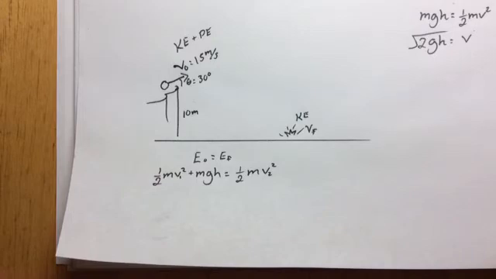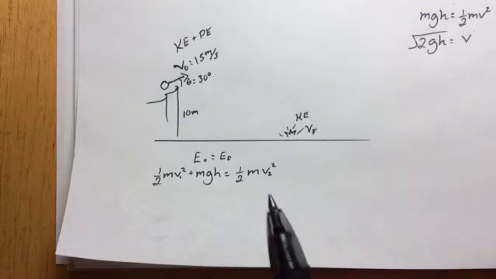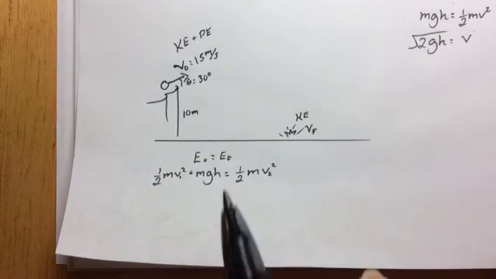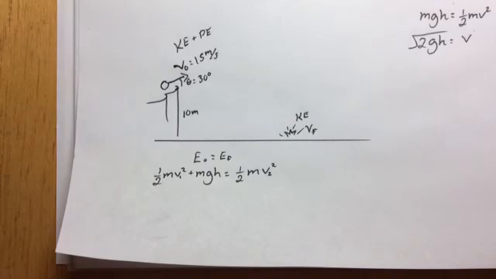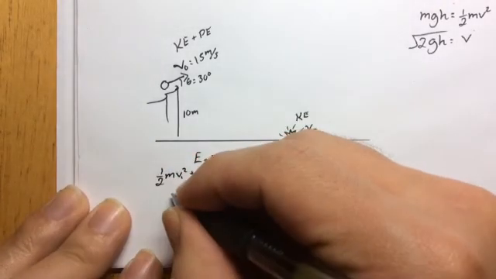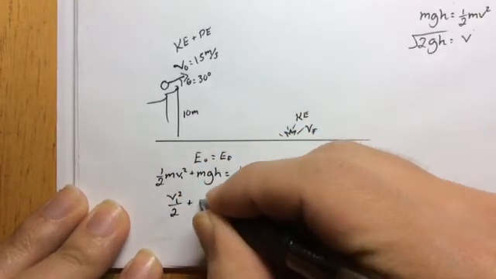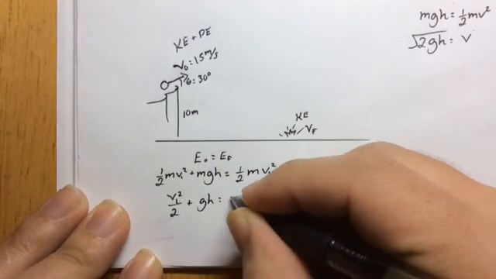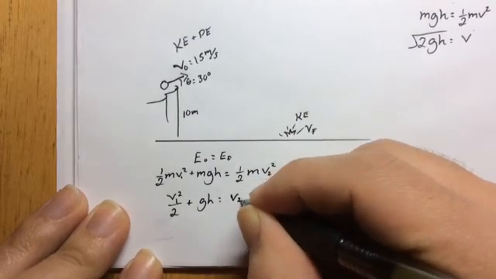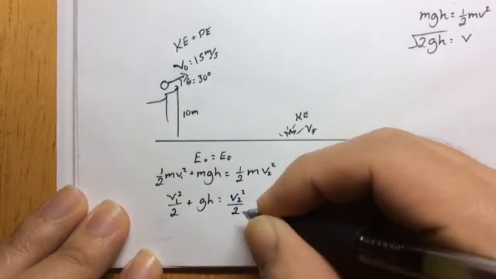Okay? So now we have variables, and some of you are uncomfortable with variables, but it needs to be more okay with you. Slowly make it okay. Give it a hug. It's okay. Every single term here has m. So if we divide everything by m, really the m does not matter. The mass doesn't matter. It's kind of ironic every time we say that, because mass doesn't matter. All right, so we have v1 squared over 2 plus gh equals v2 squared over 2.